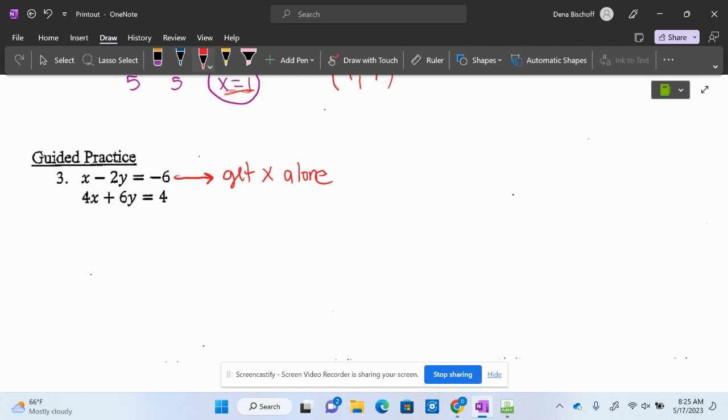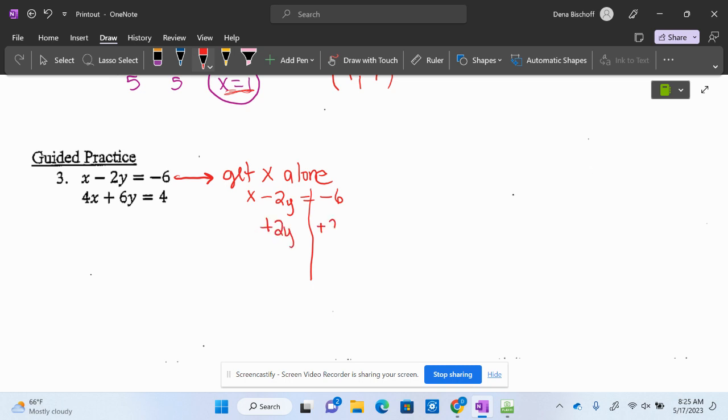Let's see. So the equation is x minus 2y equals -6. What can I do to get x all by itself? You add 2y. Yeah, I'm going to add 2y to both sides. I want x to be by itself.